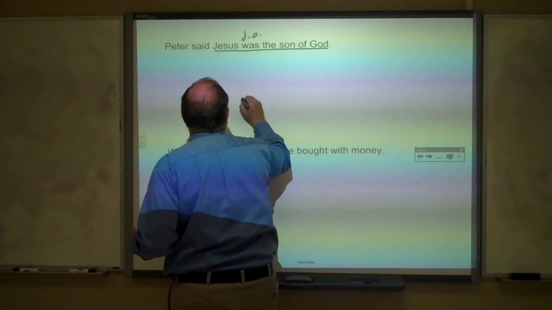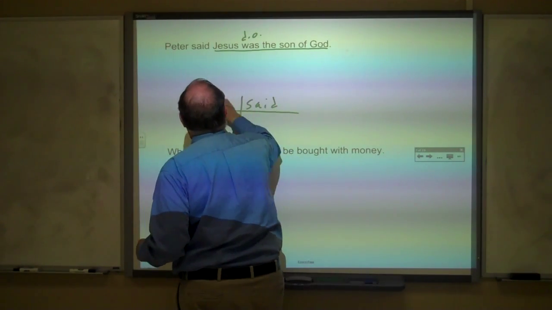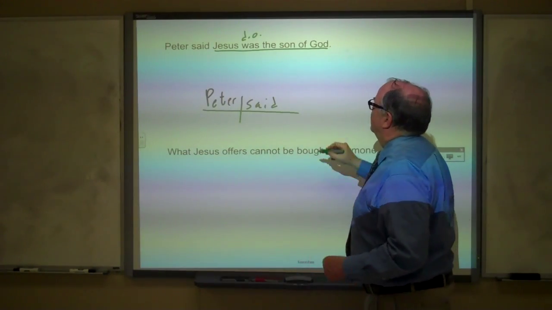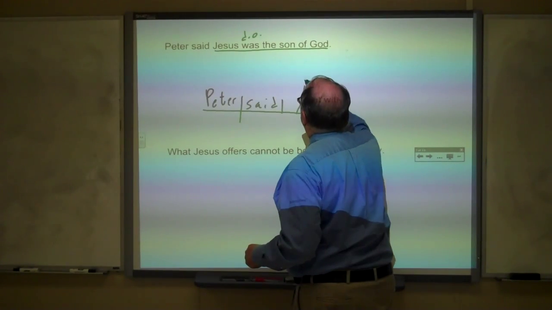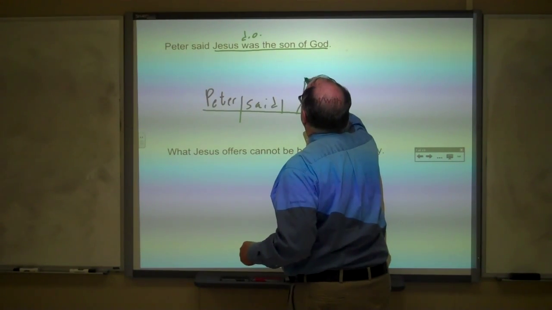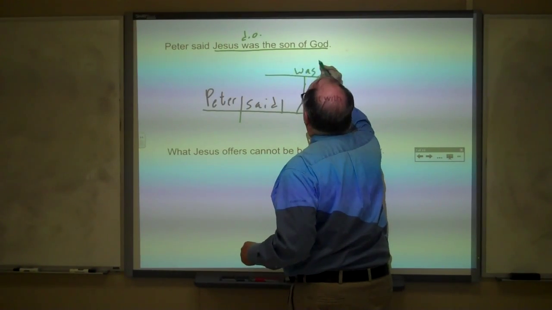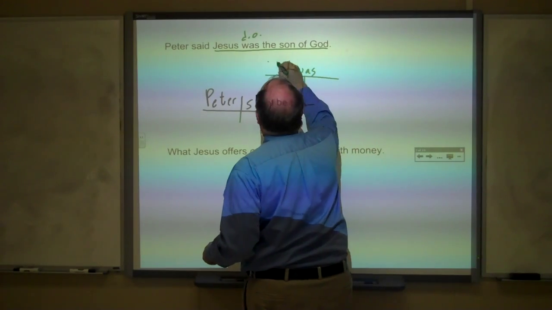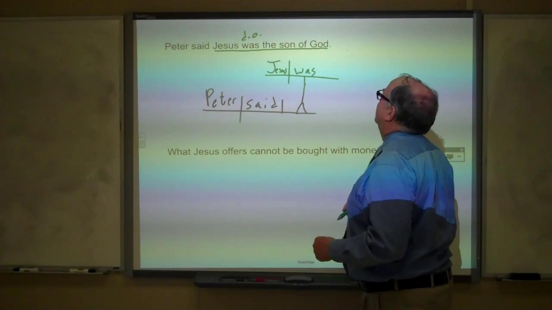So the main clause is very simple. The verb is said, the subject is Peter, and then Jesus was the Son of God is the direct object. So we put the noun stand in the direct object position, verb over the noun stand, subject is Jesus, verb was.